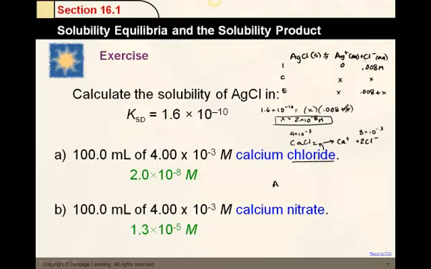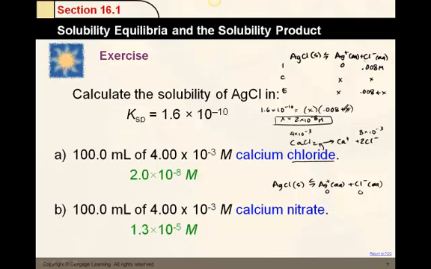Well, again, silver chloride, solid, breaks into silver and chloride ions. We can see that there's virtually no silver in the beginning, and there is no chloride in the beginning. So therefore, what is the solubility of AgCl?